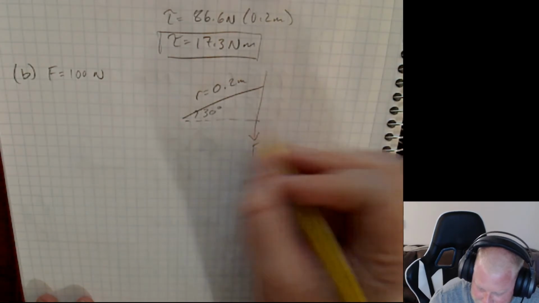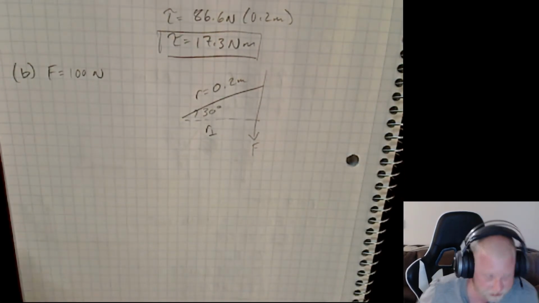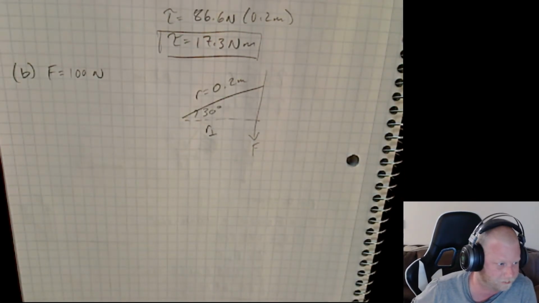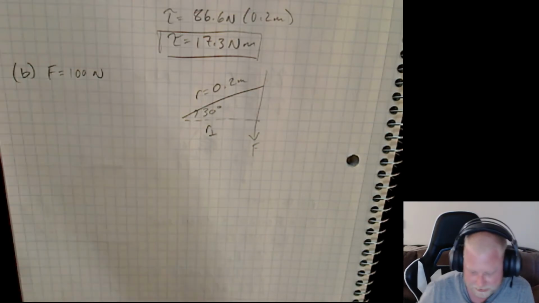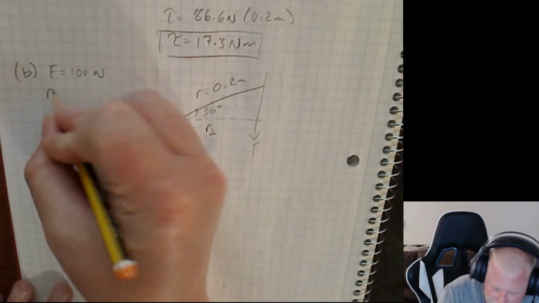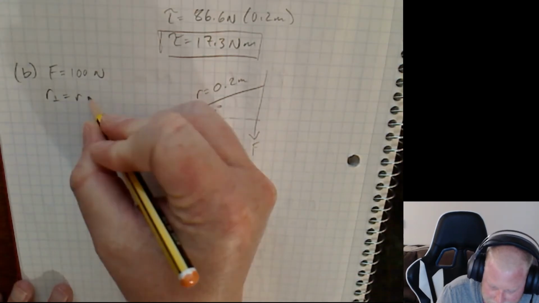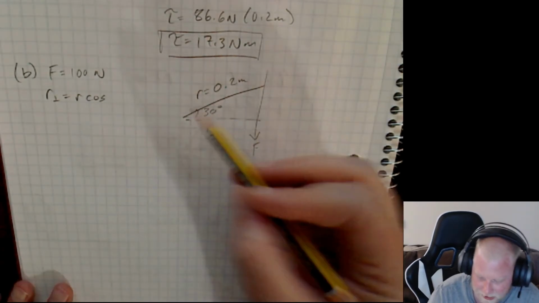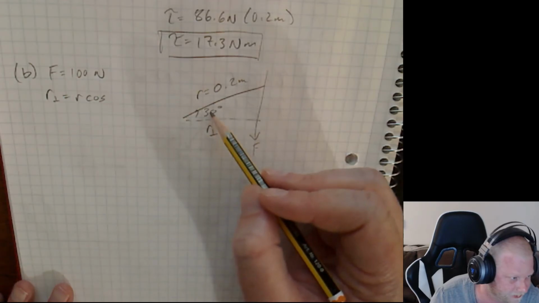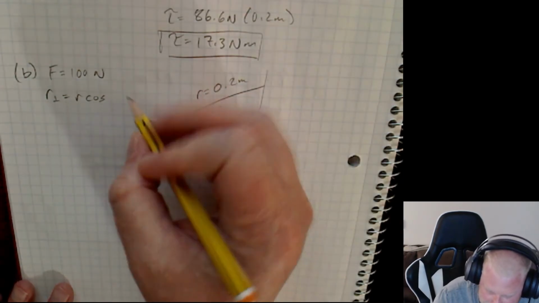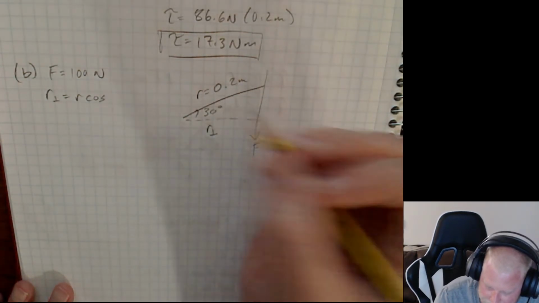So this right here represents our moment arm. Our moment arm can be found by taking the hypotenuse of this triangle, the 0.2 meters, and multiplying it by the cosine of 30 degrees.